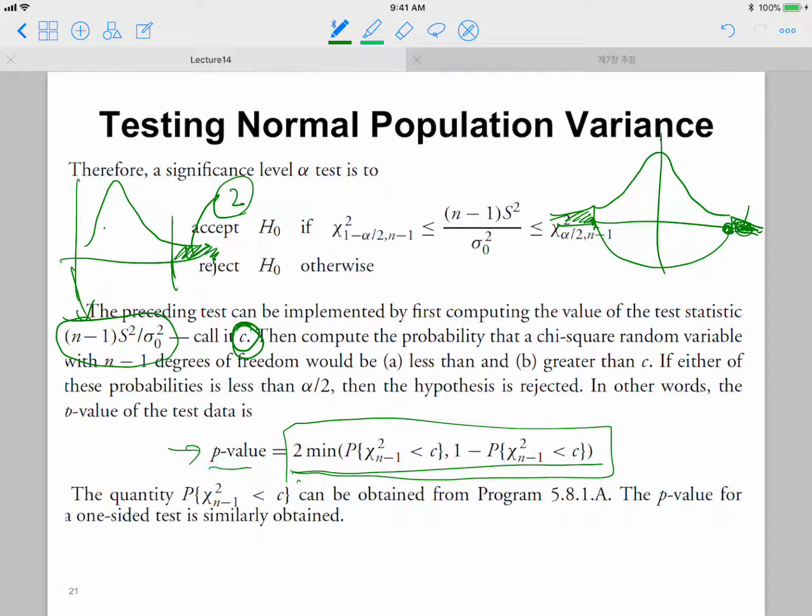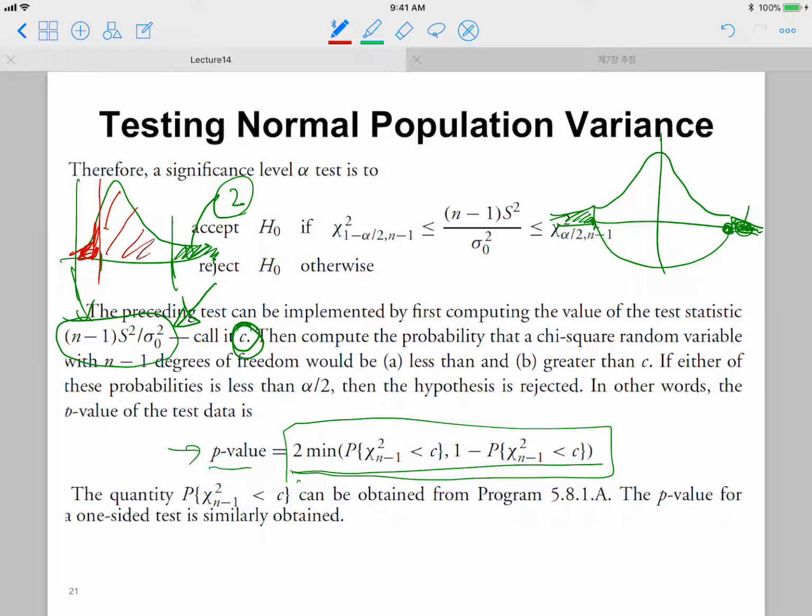But what about when your test statistic was found around here? In this case, should you compute this part? Probably not, right? You have to compute this probability and multiply it by 2.